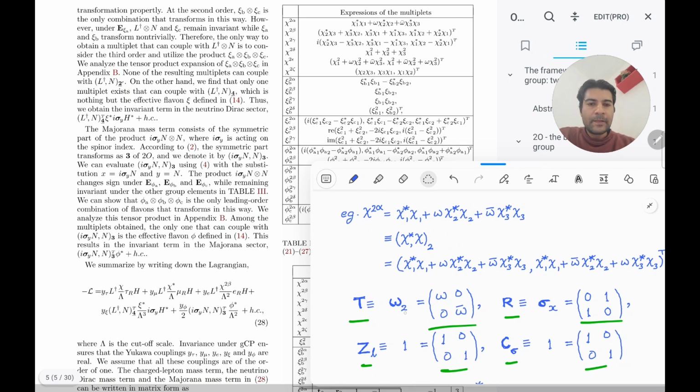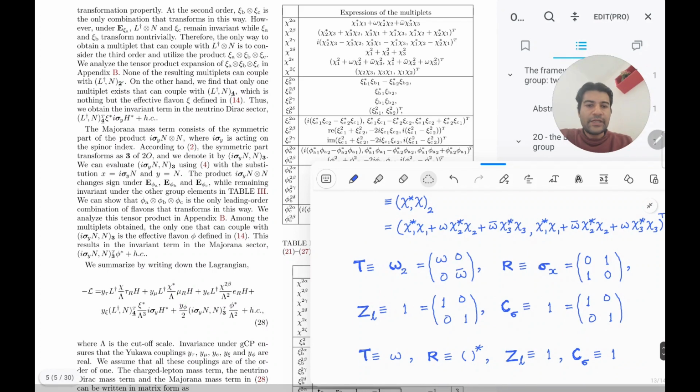So if you simply take the first component, T corresponds to multiplication with omega, and R corresponds to complex conjugation, because R is the exchange of the first and second components. Because these components are complex conjugate to each other, R just corresponds to conjugation. This is what I have written here.